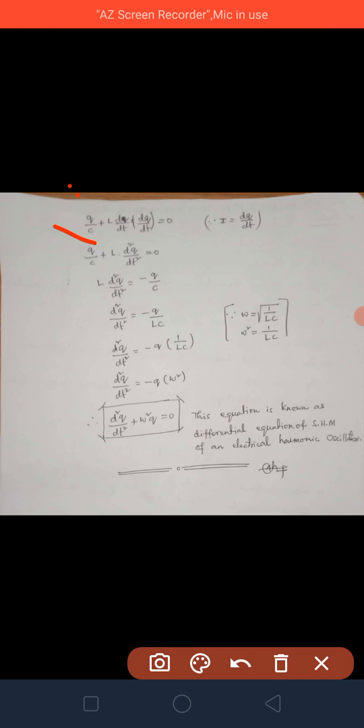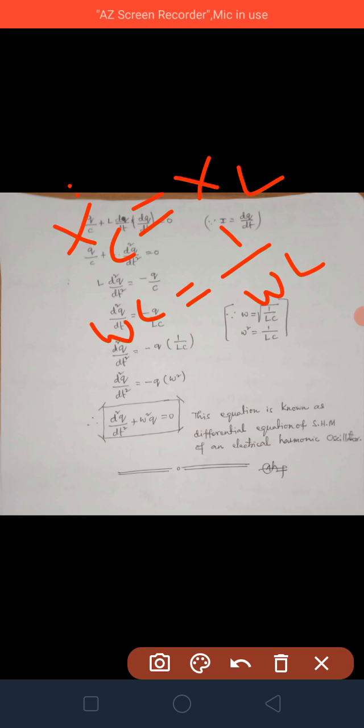So Xc is the capacitive reactance, that is 1 by omega C, and XL is the inductive reactance, that is omega L. Okay, and when both are equal, then resonance will be formed in an LCR circuit.